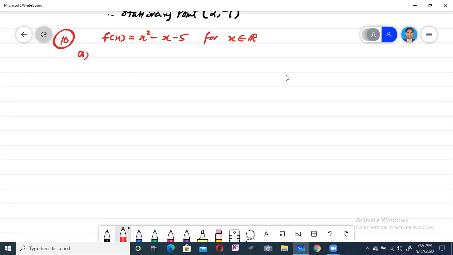First part A is find the smallest value of f of x and the corresponding value of x.